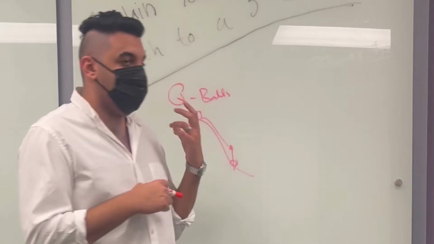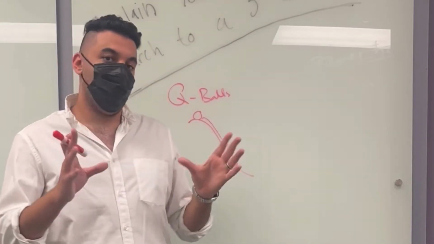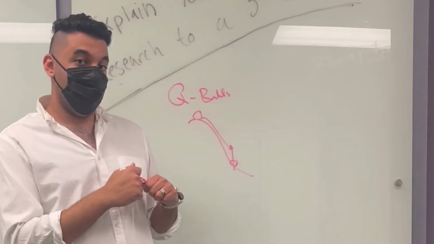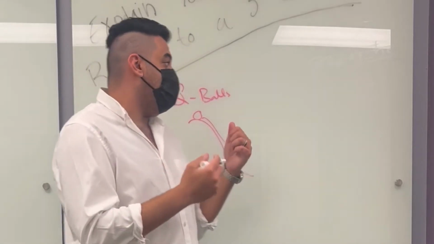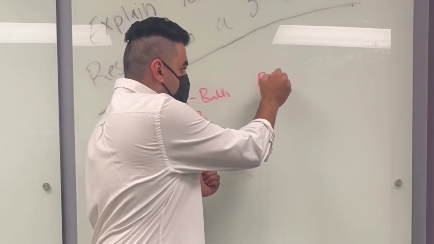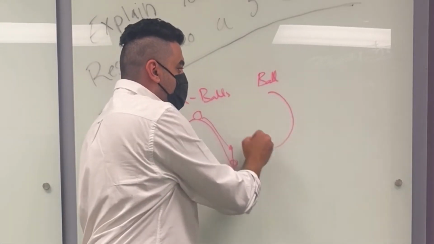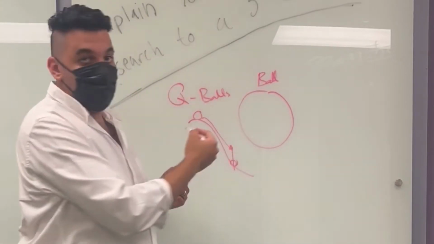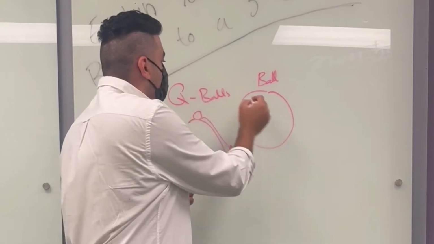So Qballs happen to describe something called solitons. It's not important what solitons are. However, Qballs are interesting because the name ball comes from the fact that Qballs are spherically symmetric objects, and these spherically symmetric objects have a charge.